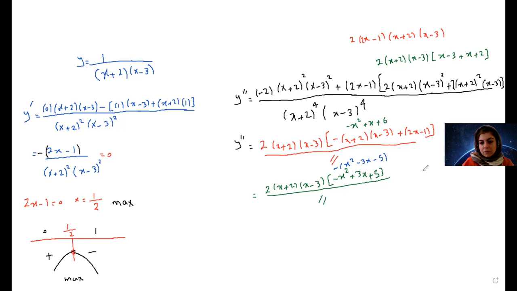x1 and x2 is negative b, which is positive 3, plus minus square root of b power 2.